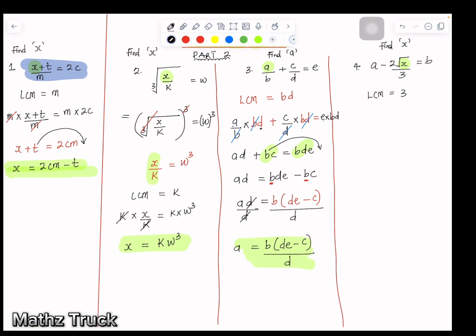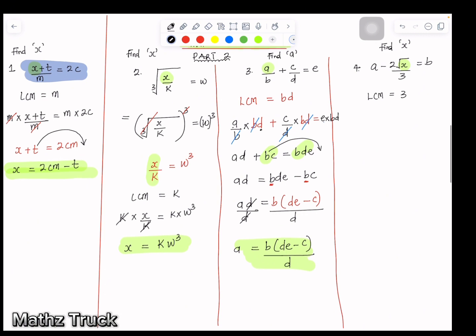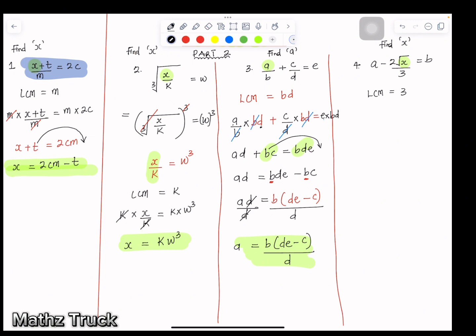Now you multiply through all the terms by the LCM. We have the A times the LCM, which is 3, minus the LCM. We have this expression.